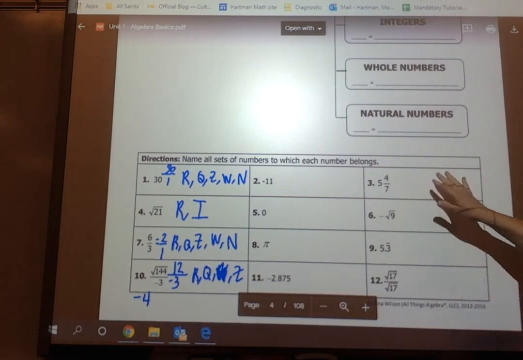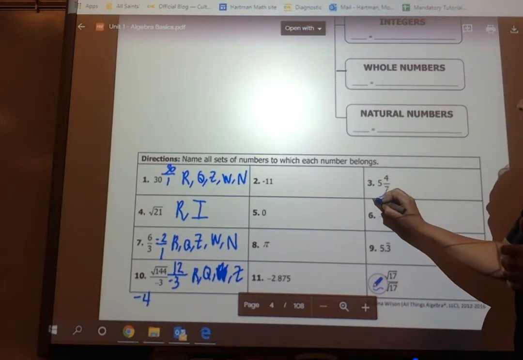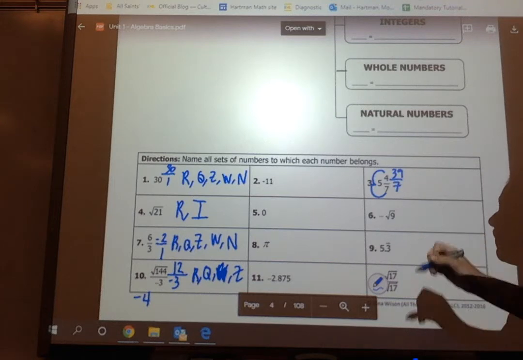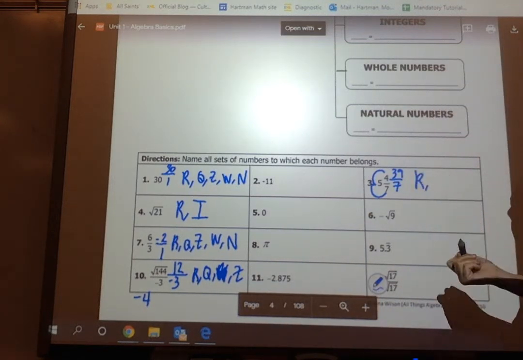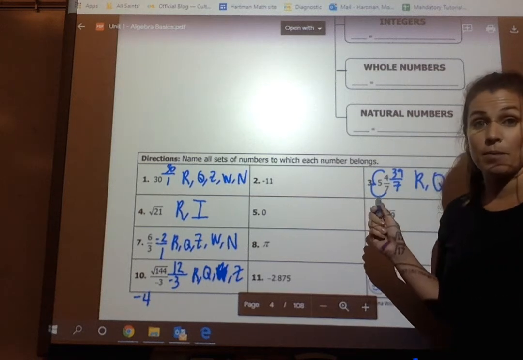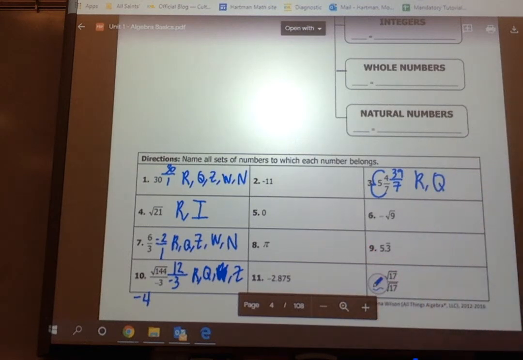If you look over on this side of the page, number 3, it does fit the form A over B. I can turn it into 35 plus 4 is 39 over 7, which fits the form of a rational number. So I know that it's real because that's what we're working with, and I know that it's rational. I stop there because it's not a counting number, so it's just these 2 categories.